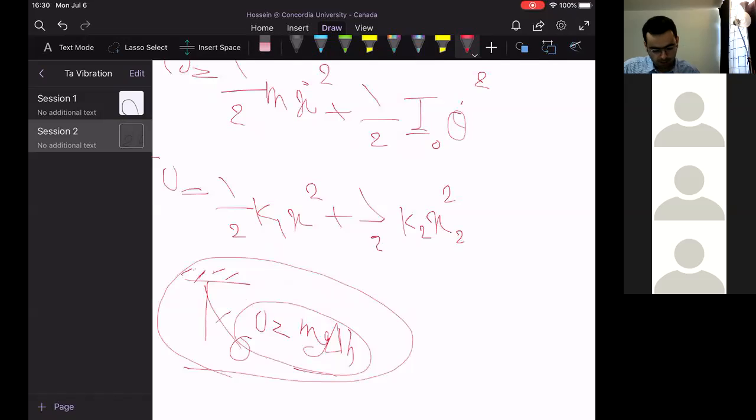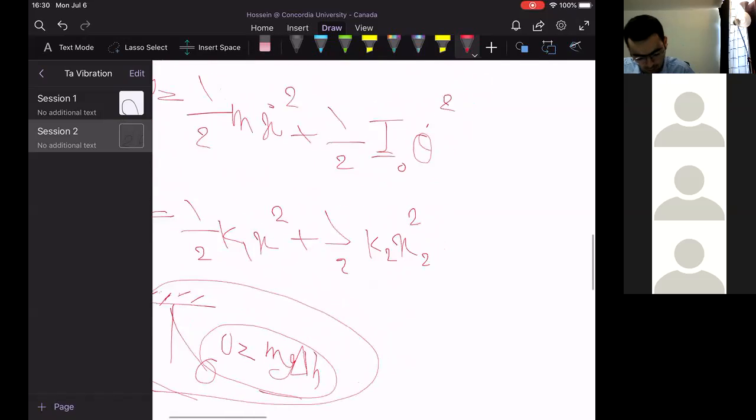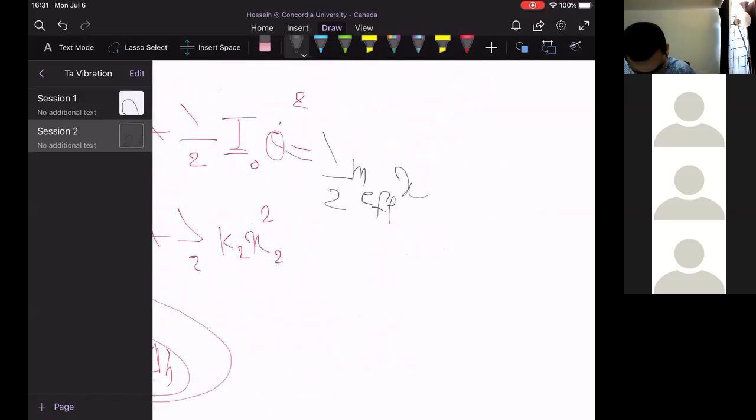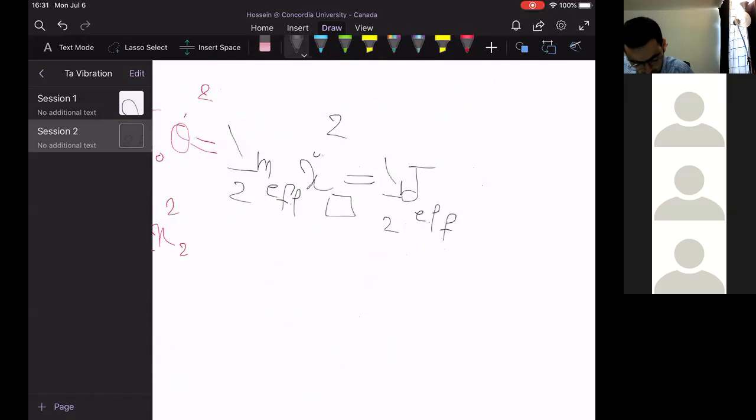Once you write this term, at the end you will write 1/2 K effective, or effective mass, x dot squared at any point you want, equal to 1/2 effective mass moment of inertia or effective mass, theta dot squared at a specific point.